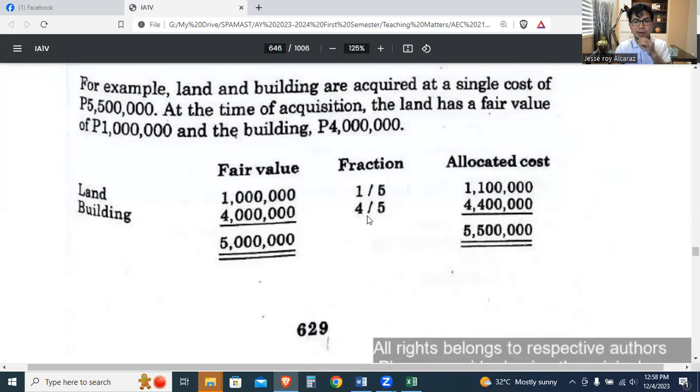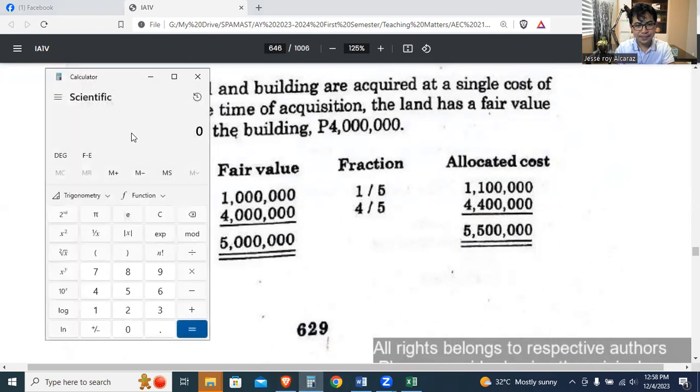So dali lang, no? We will just be using a fraction. So total na itong duha, land and building, that's 5 million. And then we will get a fraction of the land divided by the total. So 1 over 5 and then 4 over 5. Then i-multiply na ito siya sa 5,500,000. So 5,500,000 times 1 divided by 5.